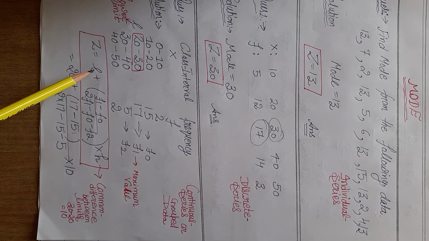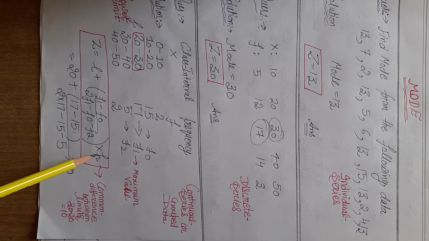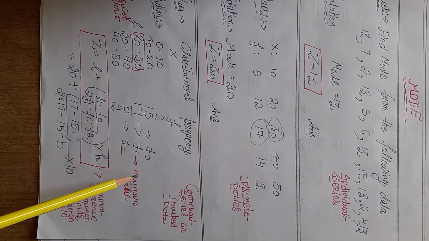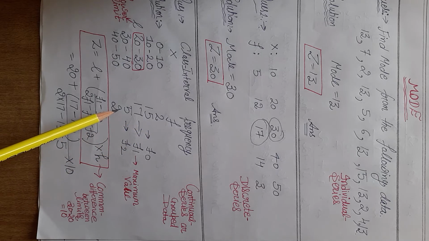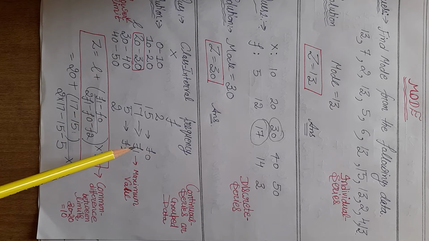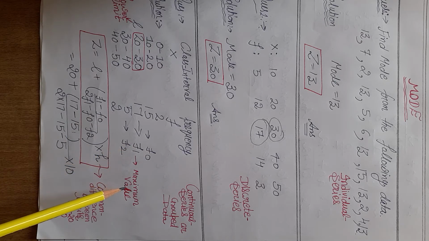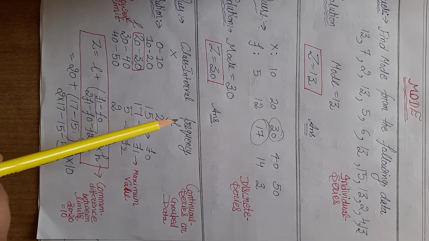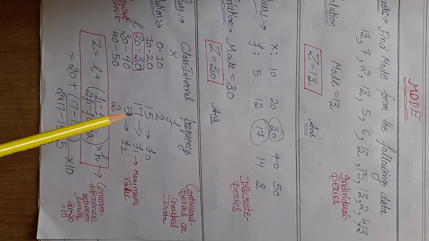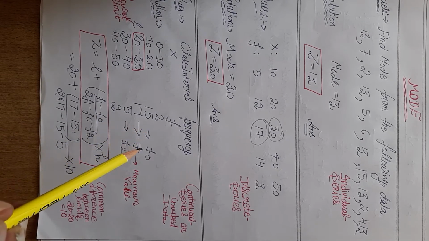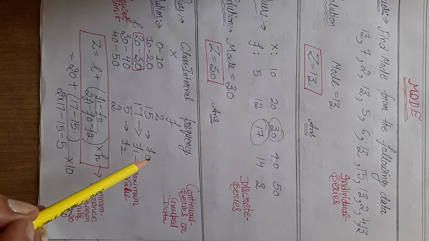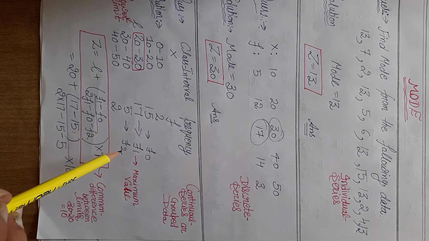Now, what is L here? f1, f0, f2 and h. f1 is our maximum value. In the frequency table we can see f1. f1 is the maximum value, that is 17 in this series. And in the above part we take 15 as f0 and 5 as f2.